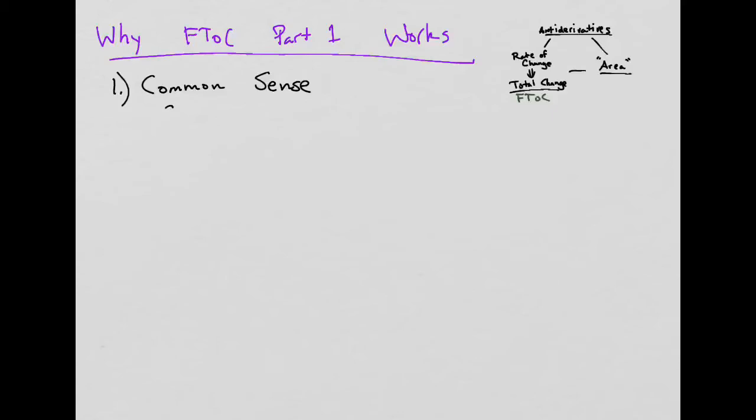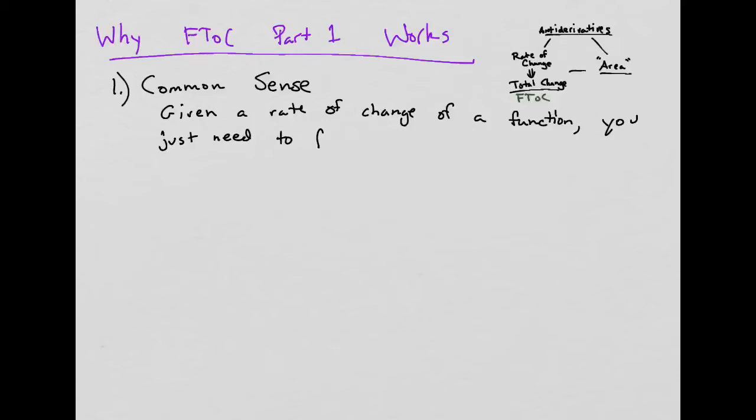So given a rate of change of a function, you just need to find the original function, or the antiderivative, of your rate of change.